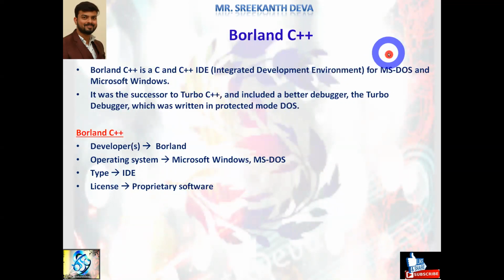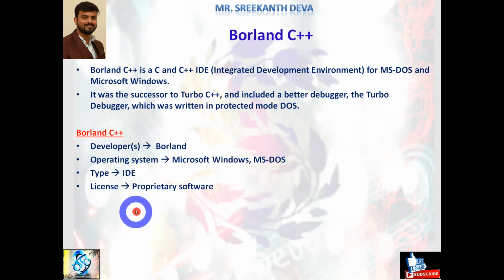Borland C++ IDE. See, Borland C++ is a C and C++ IDE, integrated development environment, for MS-DOS and Microsoft Windows. It was a successor to Turbo C++ and included a better debugger, the Turbo Debugger, which was written in protected mode DOS. Borland C++ developer is Borland. Operating system is Microsoft Windows, MS-DOS.